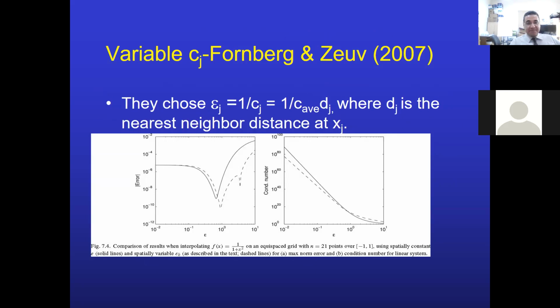Something was also looked at by Fornberg and Zhu. They looked at the shape parameter, and they found that you could get some improvement with variable shape parameters, decreasing the error and run times a little bit.